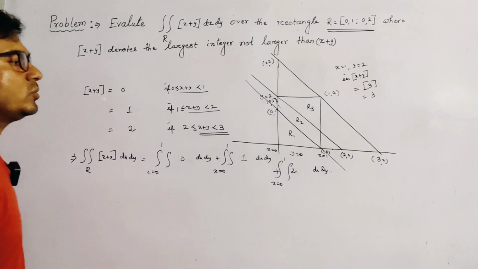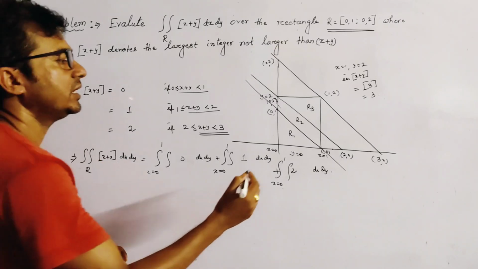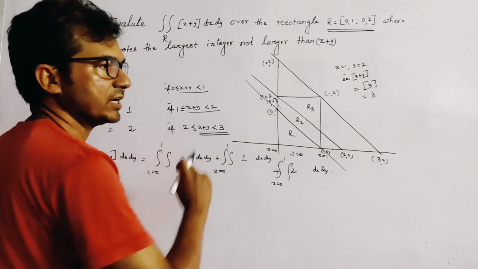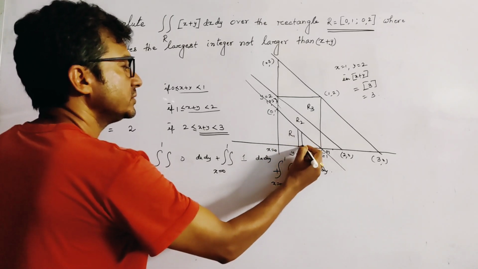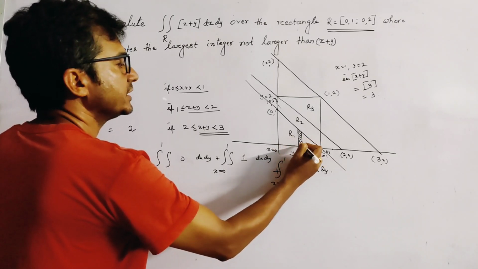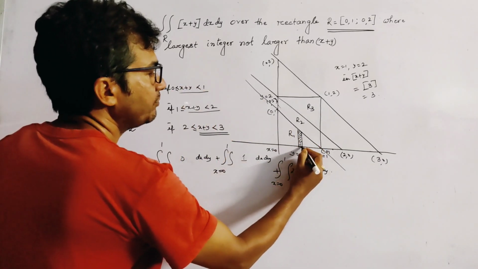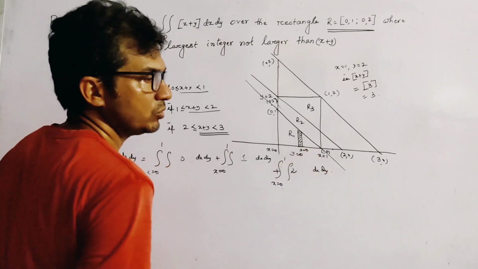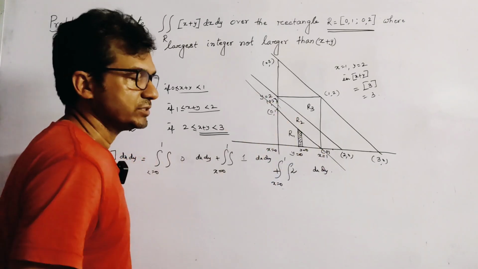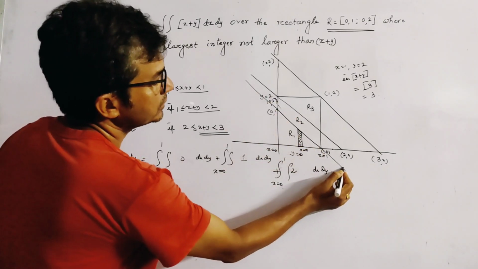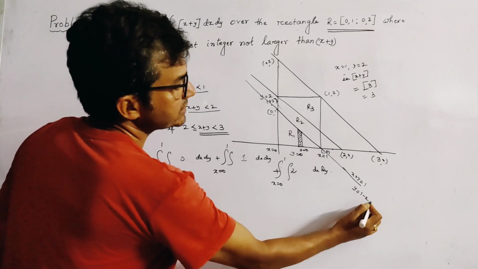Okay, now we find the range of y in the first region R1. If we draw a strip parallel to the y-axis in the region R1, then we see that the base is y equal to 0, and the end of the range is x plus y equal to 1, so y equal to 1 minus x.